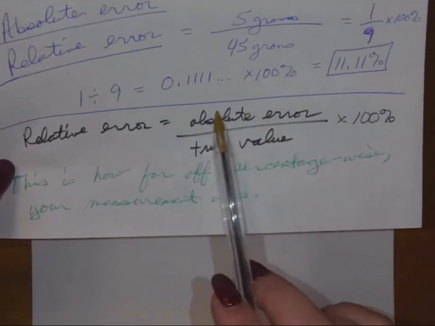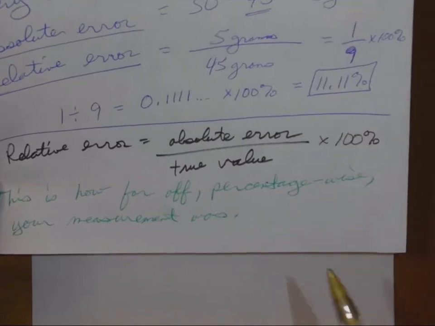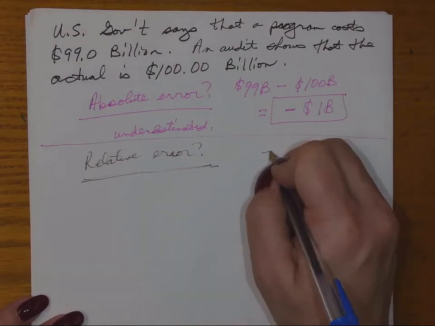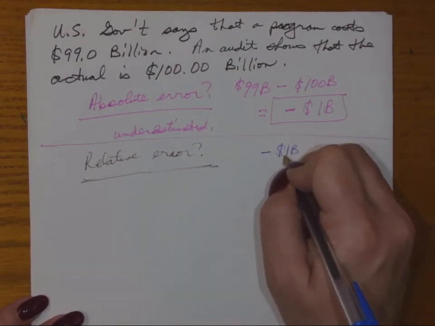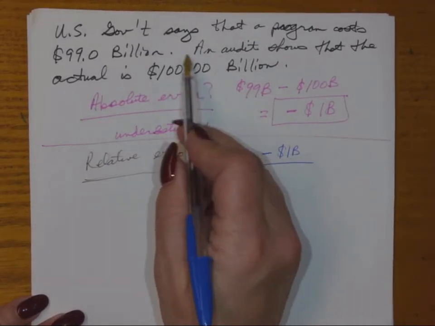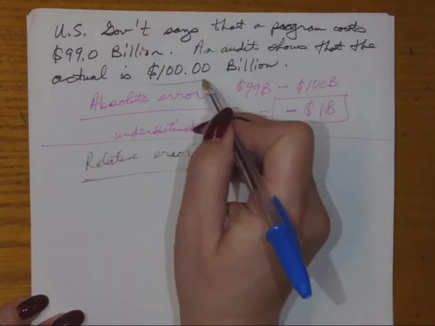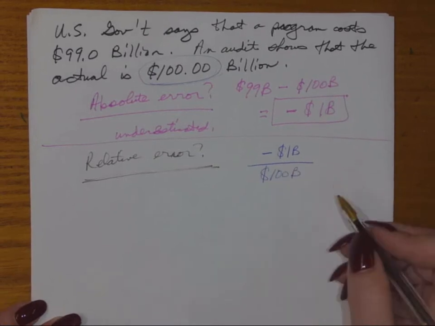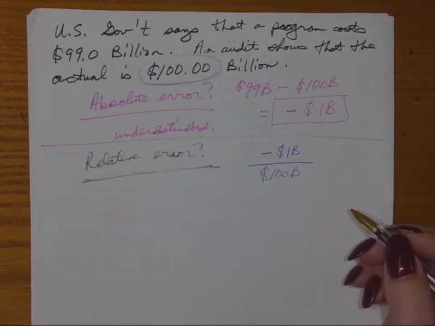So whatever your error was, we're going to put it on top, and we're going to divide that by what the real value was or the true value is, okay? So the absolute error here is negative $1 billion. And the real value, what it's really costing us, the true value, was the 100 billion. Does that make sense? That's what we're off by.